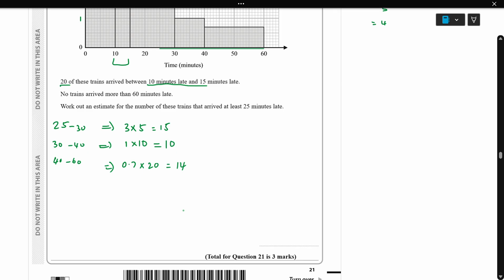This is about more than 25, so we should add up all. So 15 plus 10 plus 14 equals 39. There are 39 trains late more than 25 minutes.